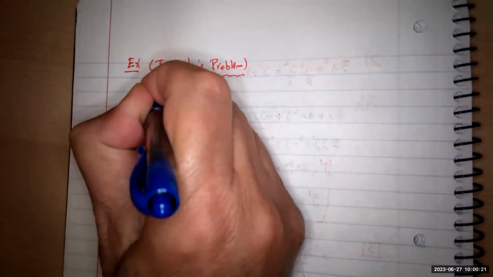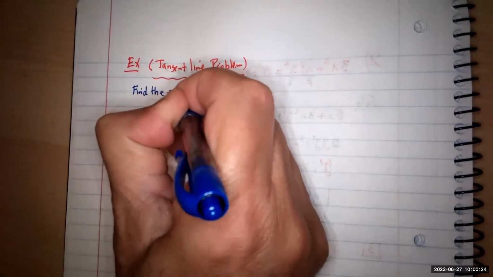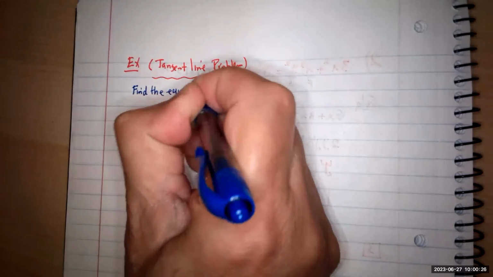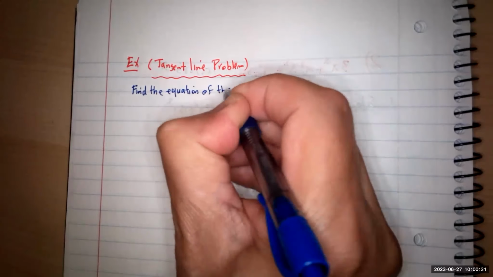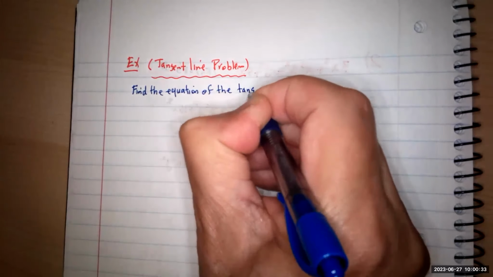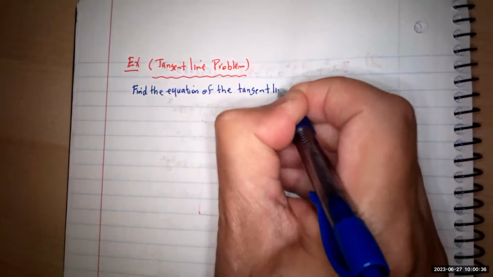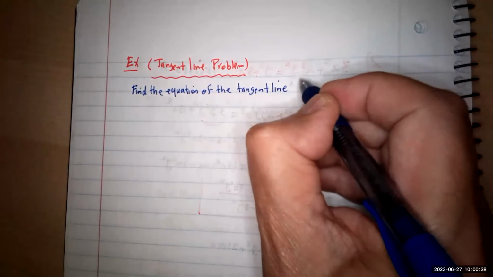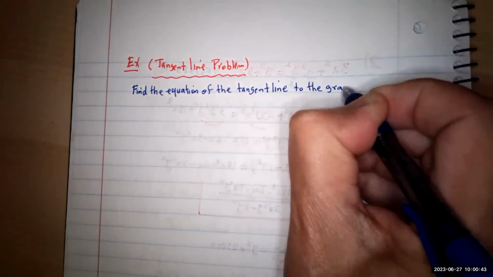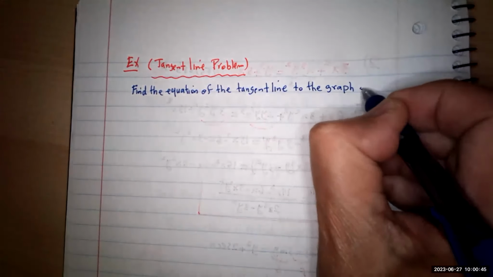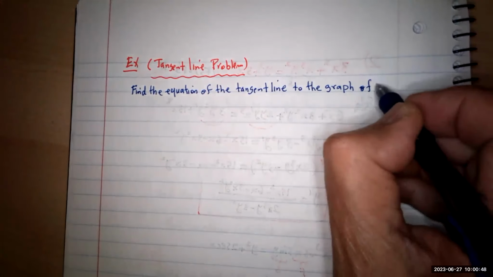The first one, we want to find the equation of the tangent line to the graph of the function or of the equation.